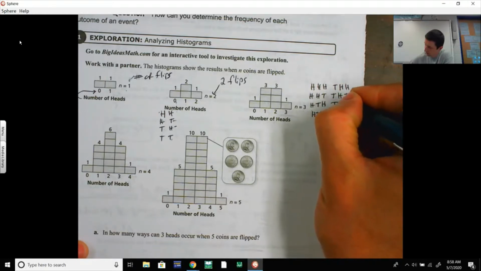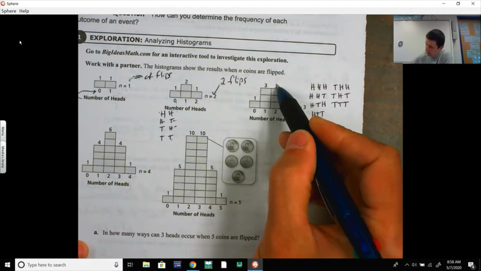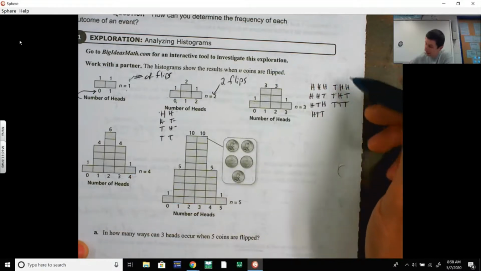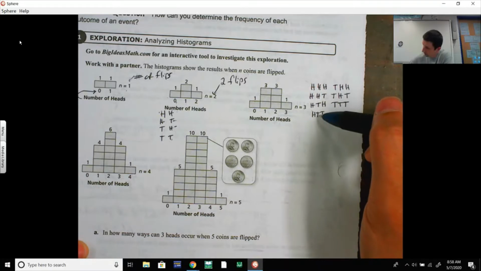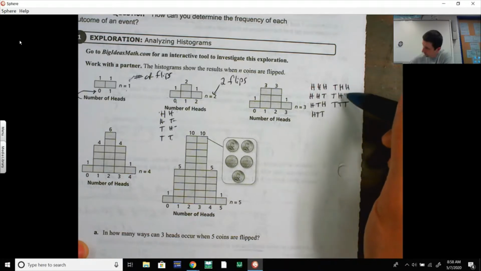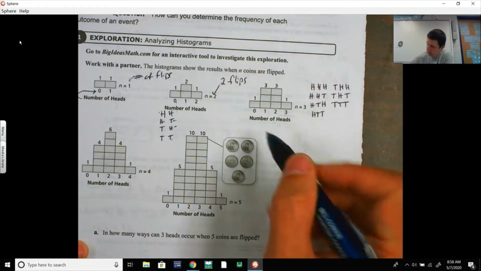We got tails, tails, tails. There should be 1 more because we got 3, 6, 7, 8. Tails, heads, heads. Should have done this in a little bit better order. Okay, well, we're going to figure it out as we go through here.